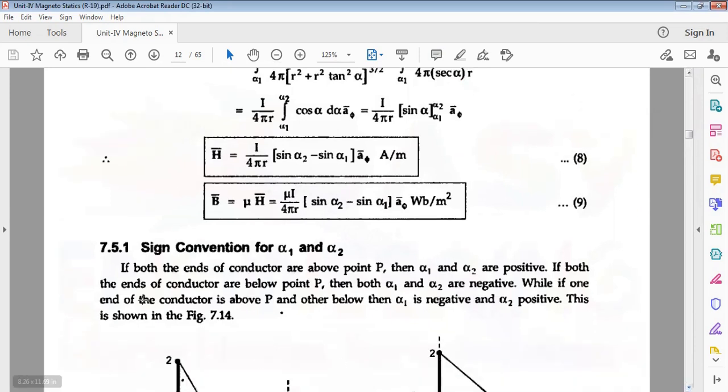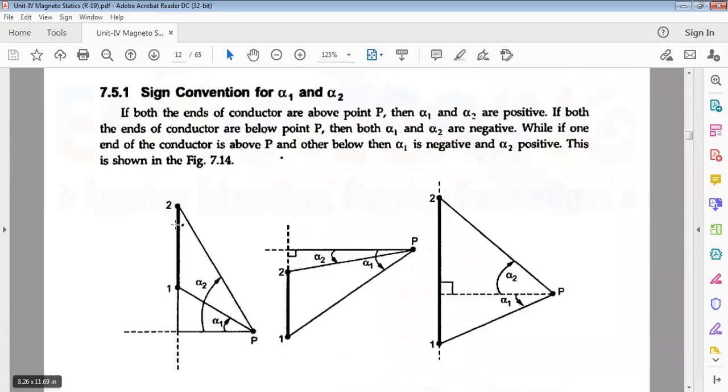If both ends of the conductor are above the point P, then alpha 1 and alpha 2 are positive. If both ends of the conductor are below the point P, then both alpha 1 and alpha 2 are negative. So we assume alpha 1 and alpha 2 are for points on the positive z axis. If it is below, it is the negative axis. When we consider points 1 and 2 on the negative z axis, alpha 1 and alpha 2 are negative.